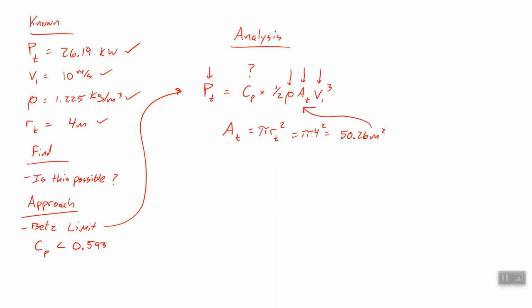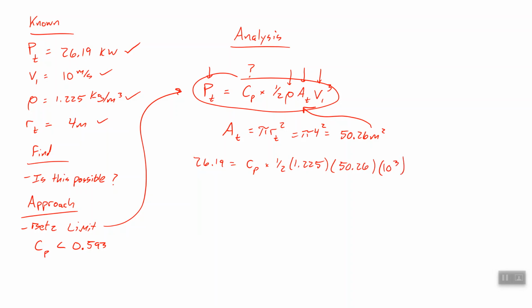We already know these other terms, so we plug them all into this equation, and we get 26.19 is equal to CP times 1/2 times 1.225 times 50.26 times 10 cubed. Rearranging, we can solve for our power coefficient, which is 0.85.